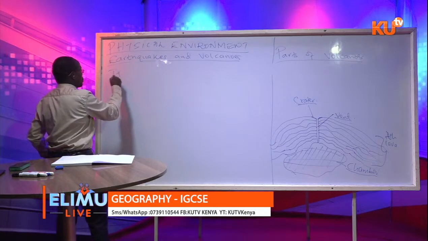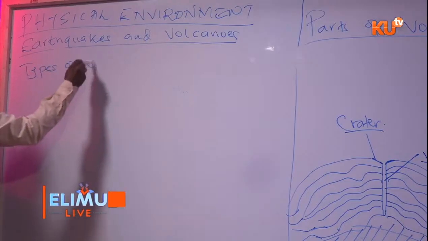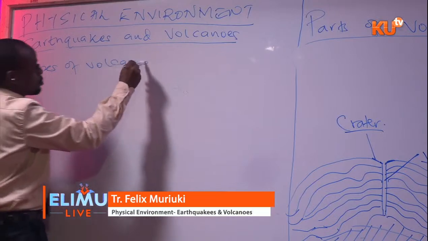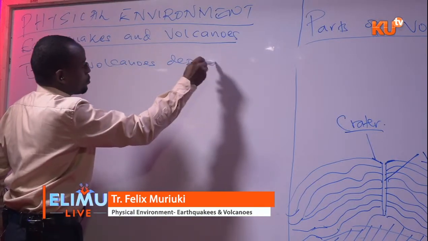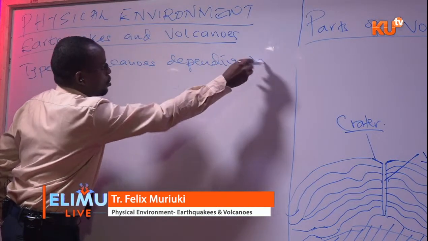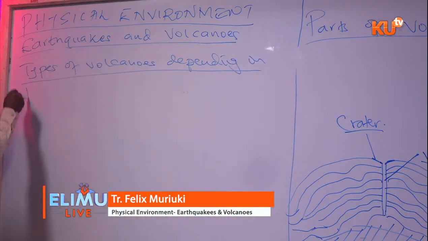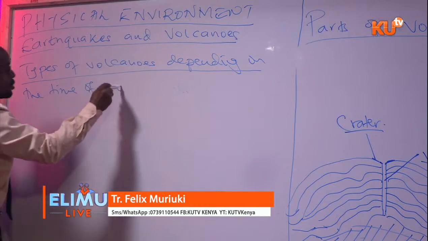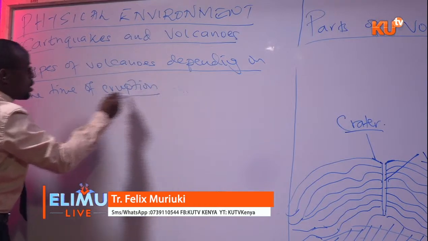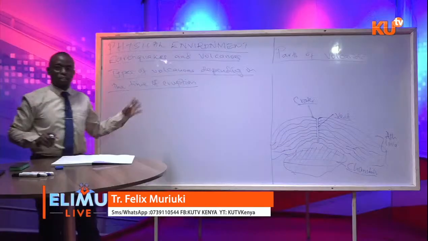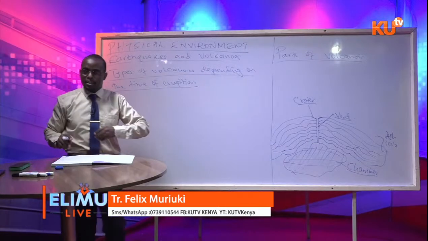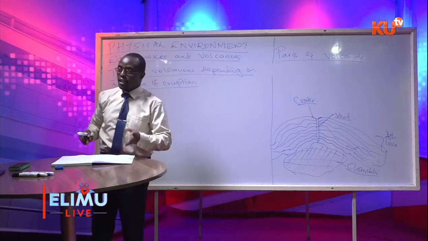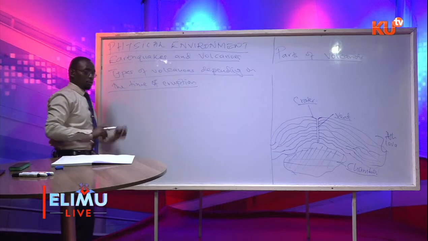Now, depending on the time of eruption, this is very common, not only in the IGCSE, I know even in 844 in the Kenyan curriculum, we have come across this one.